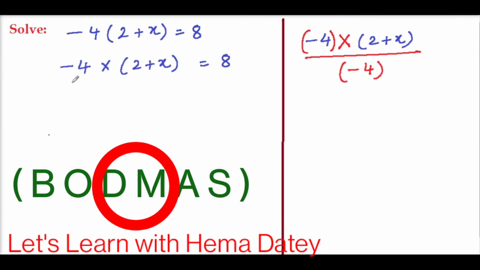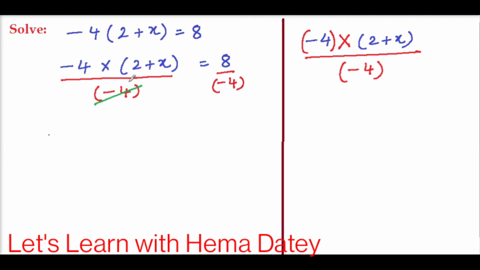To remove minus 4 from the left hand side, we will divide both sides by minus 4. On the left hand side, minus 4 will be cancelled. On the right hand side, 8 and minus 4 will be cancelled and we'll get minus 2.